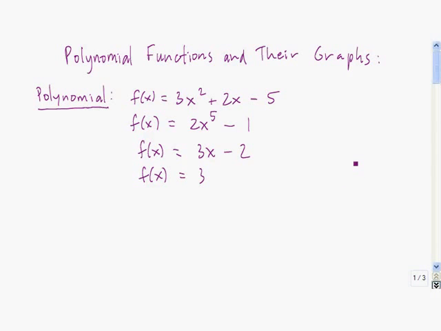Let me give you a more general definition. A polynomial is a function that can be expressed in the following form. Each of these coefficients, each of these a sub i, these guys are all real numbers.